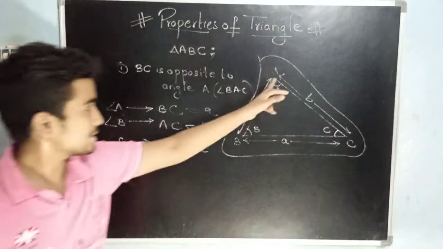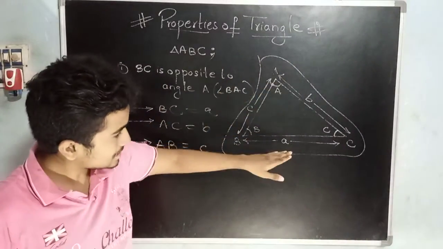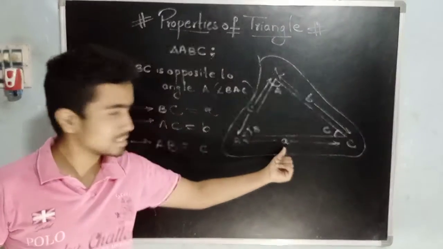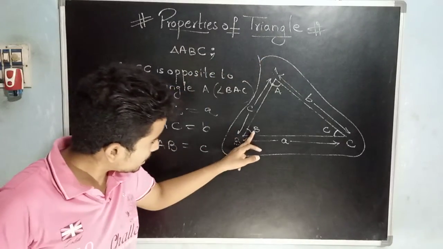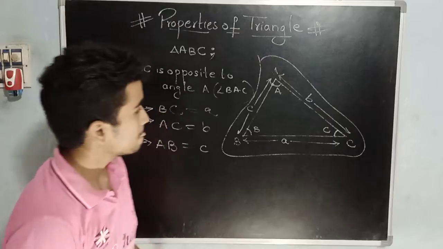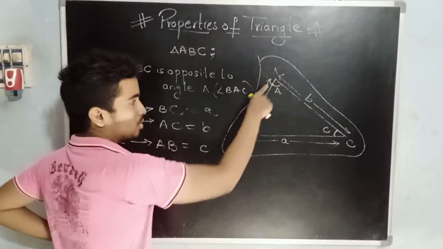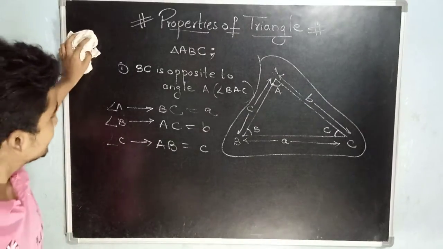So this is the format that we are going to use in this whole chapter. In triangle ABC, the side opposite to angle A is BC, of length small a, the side opposite to angle B is AC, whose length is small b, and the side opposite to angle C is AB, whose length is c.